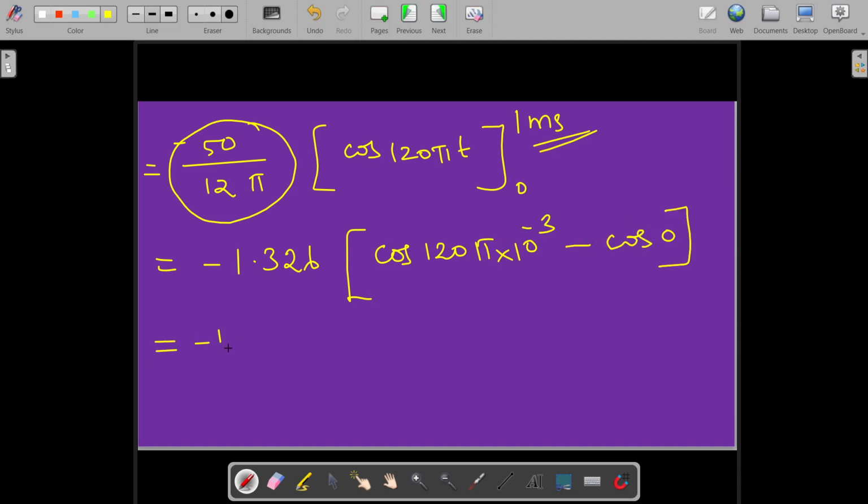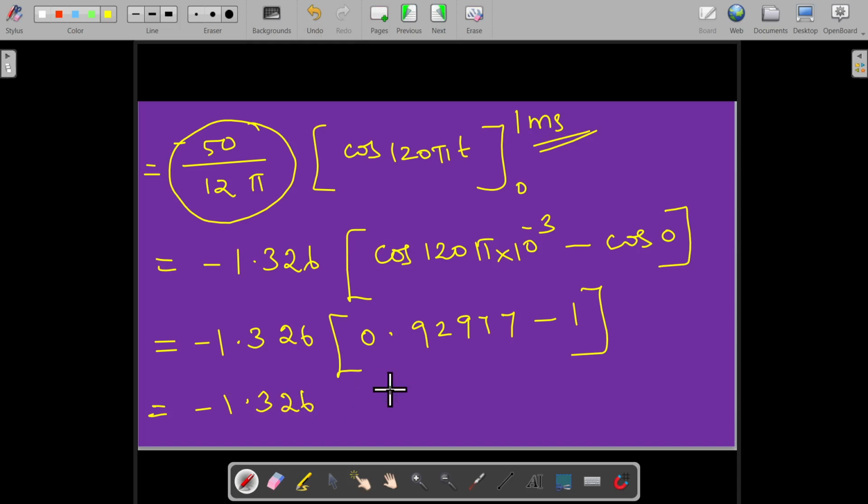So this is equal to minus 1.326 multiplied by 0.92977 minus cos 0, which is 1, isn't it? So minus 1. So this is equal to minus 1.326 multiplied by minus 0.07023.